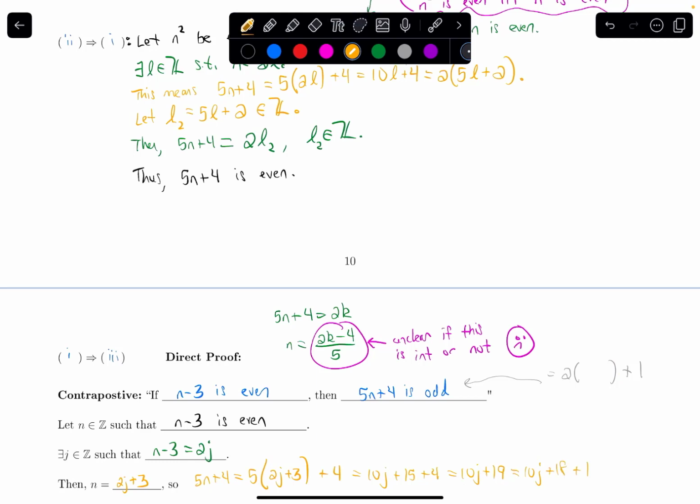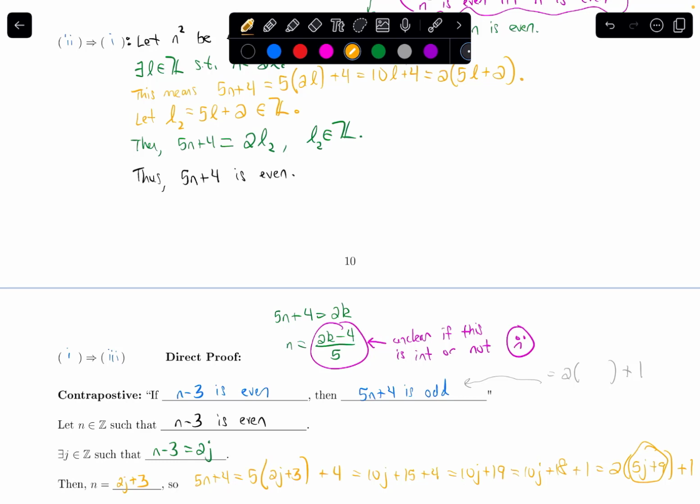So 18 plus 1 is the same thing as 19. Now if I take these first two terms, I can factor a 2 out of them. If I factor a 2 out, I get 2 times 5j plus 9, and then plus that 1 that I need.